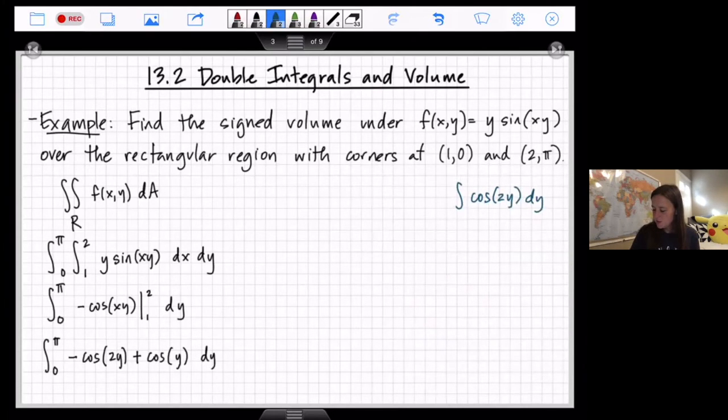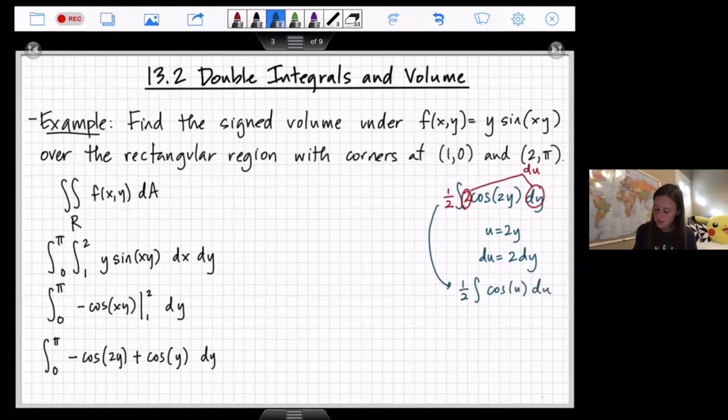I'm going to let u equal the inside function, 2y. So du is 2 dy. I need a 2 inside my integral to go along with the dy to give me du. If I do that, I need a 1/2 to compensate for it outside. So I get 1/2 the integral of cosine u du. Antiderivative of cosine is sine, so I get 1/2 sine u, which was 2y. So my antiderivative of cosine 2y is 1/2 sine 2y.